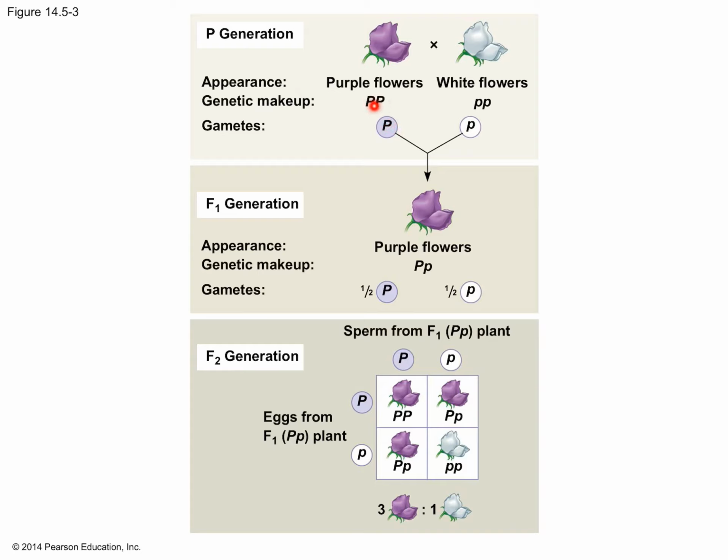This parent only has dominants, so its eggs, let's say, are all dominant. This one only has recessives, so its sperm, let's say, are all recessive. So a dominant and recessive come together in the F1s. The F1s then have 1 dominant and 1 recessive. Because dominant is purple, we see them all as purple. That's why all the F1s are purple.